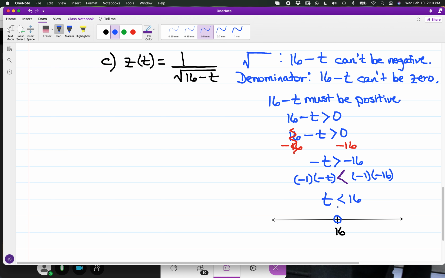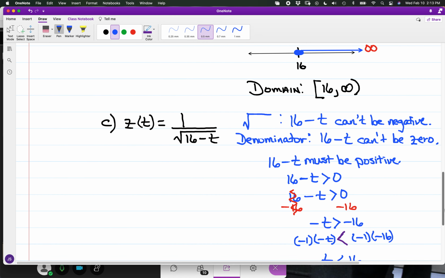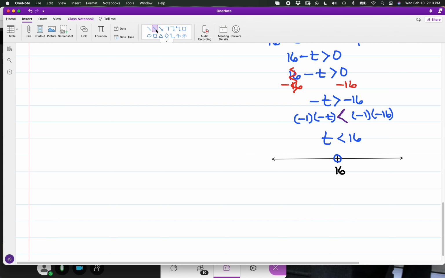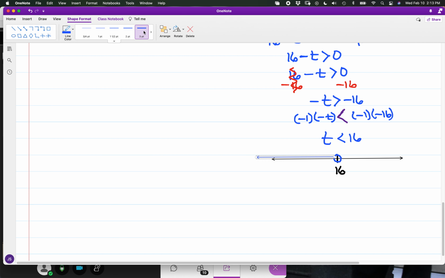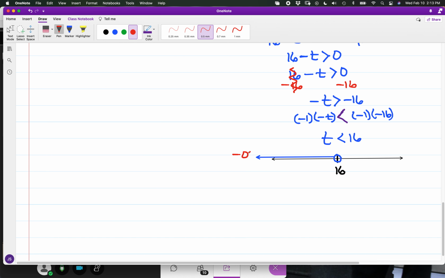And okay, so 16 is not included this time around, so instead of a solid point, as had been in parts A and B, we have, once again, 16 is excluded, indicated by the hole located, and again, to represent less than 16, we have a ray that is going to go to the left, and the lower limit, again, we have at negative infinity.